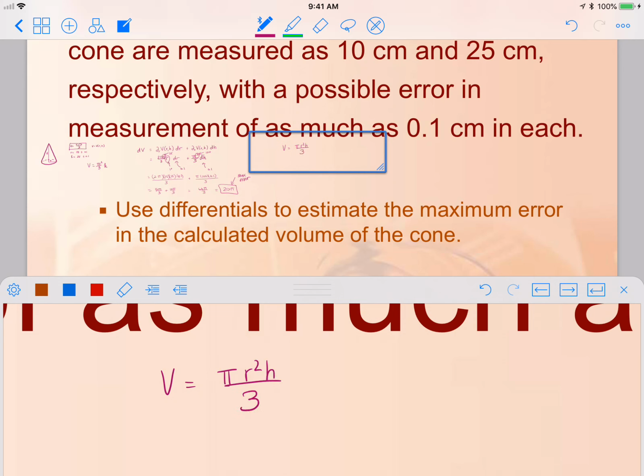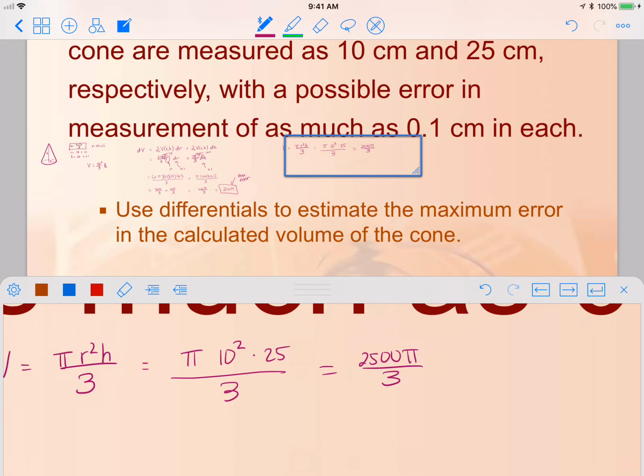If we use 10 as our radius and 25 as our height, we would get 10 squared times 25 over 3. What would that be? That would be 2,500 over 3. Okay, 2,500 over 3. That's like 833.33.